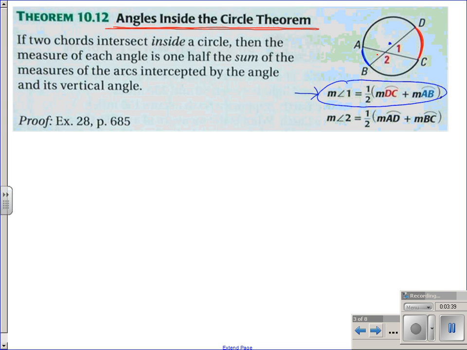Angle 2, the same thing happens. Angle 2's intercepted arc is BC, this one here, and its vertical angle has its own intercepted arc. So angle 2 is half the sum of those two arcs. That's when the angle is on the inside of the circle: you're taking half the sum of the intercepted arcs.